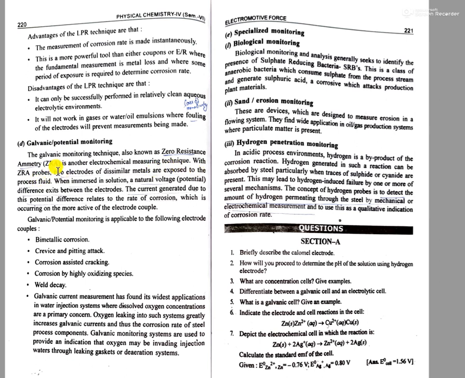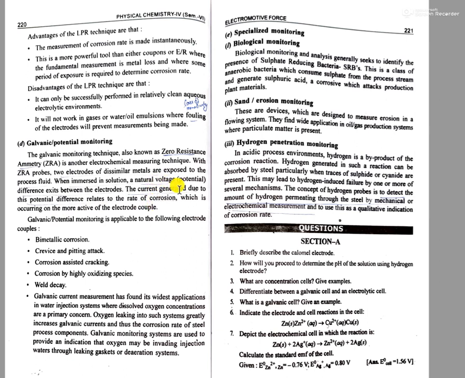When immersed in solution, a natural voltage, that is a potential difference, exists between the electrodes, and the current generated due to this potential difference relates to the rate of corrosion occurring on the more active of the electrode couple.